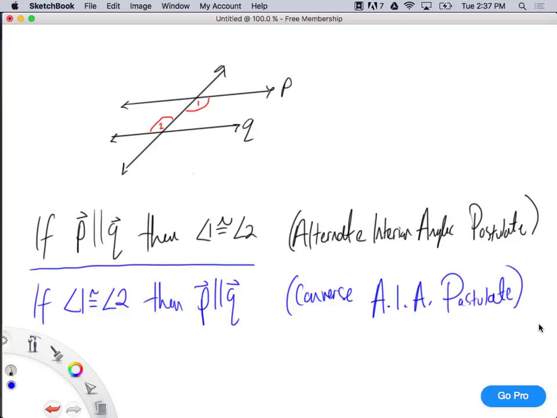I could keep going on and on. The alternate exterior angles postulate says if two lines are parallel, then alternate exterior angles are congruent. Right? So if I show that alternate exterior angles are congruent, then the lines must be parallel.